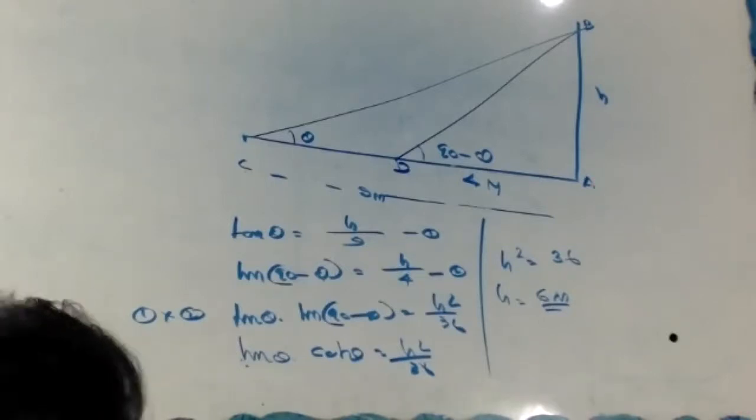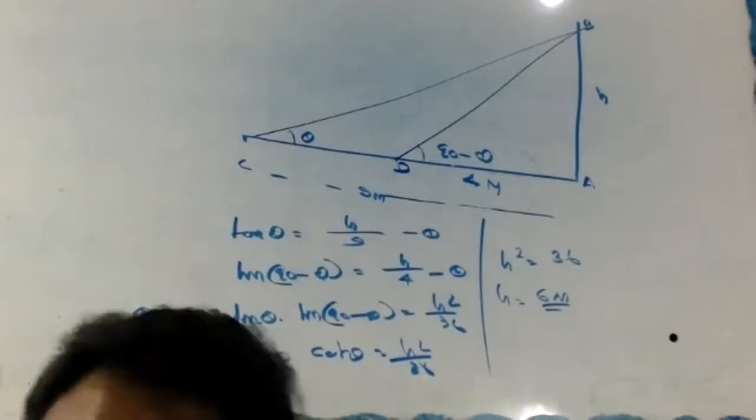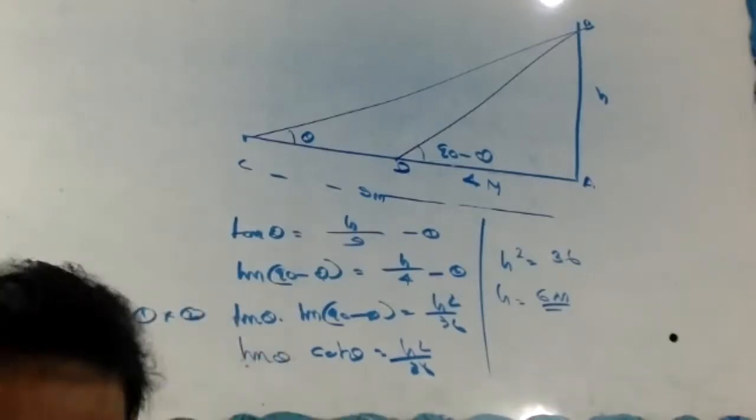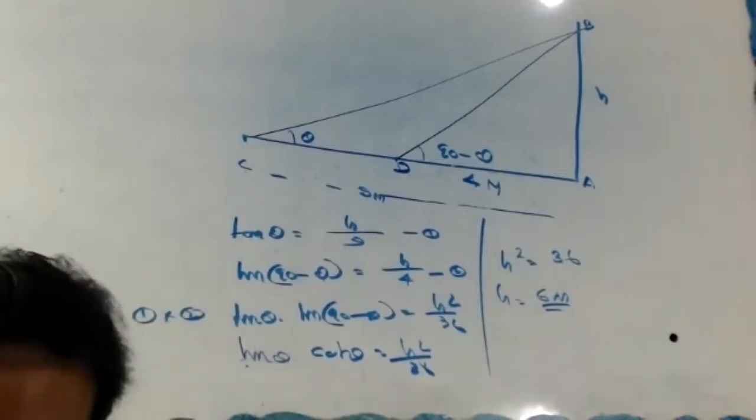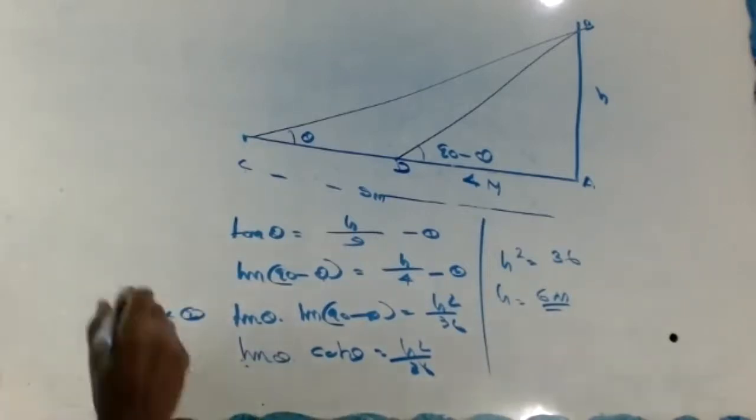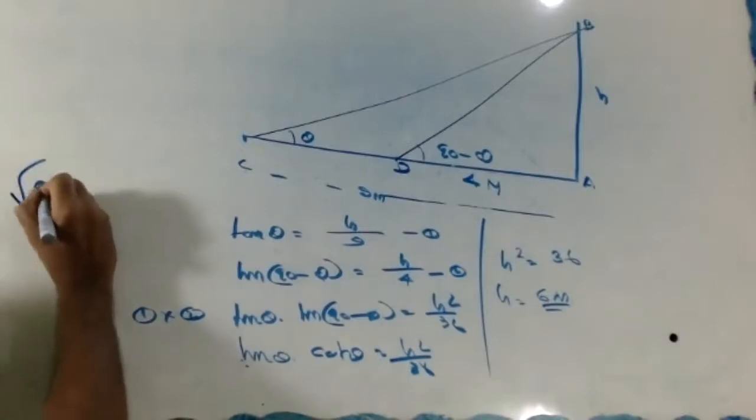Prove that the height of the tower is root of ab.